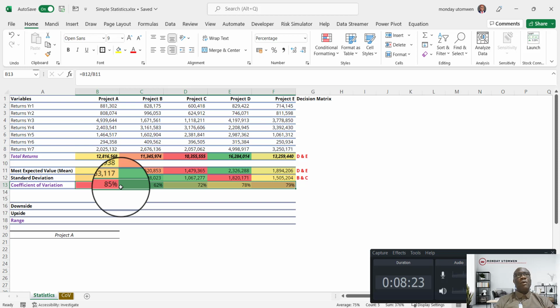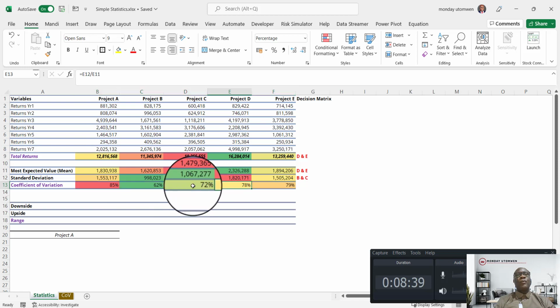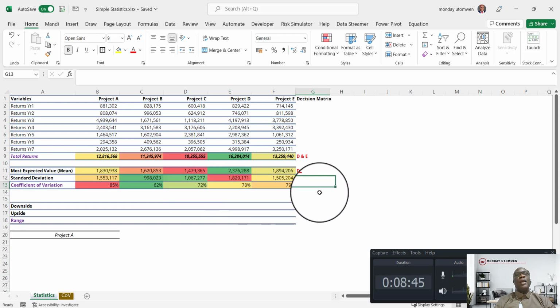The lower the coefficient of variation, the more optimal the risk to reward. So that means for a lower risk, you are getting an optimal return. So we are looking for returns with the lowest coefficient of variation. For that, we'll be selecting projects B and C. Okay, projects B and C.